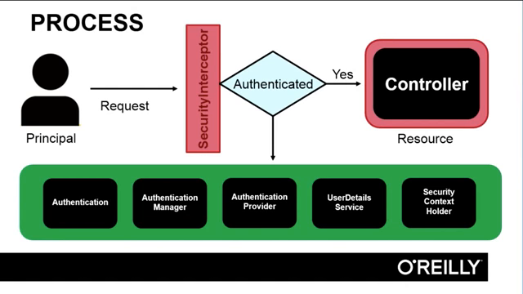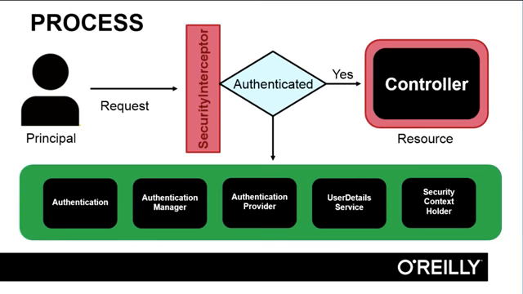When that principal, so our user, submits a request that's going to access some resource, whether it be a method or some HTTP resource, the security interceptor stands in place. And the first question it really asks is, is this user authenticated? If the user is authenticated, we check their access, and based upon our authorization rules, we will grant them access or not.